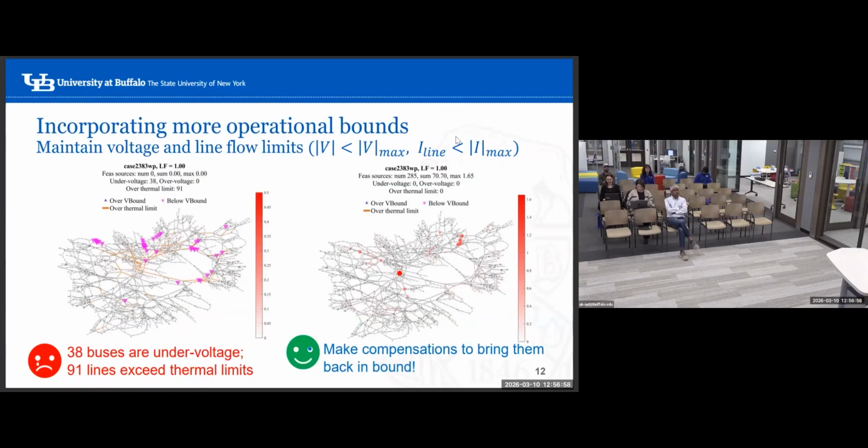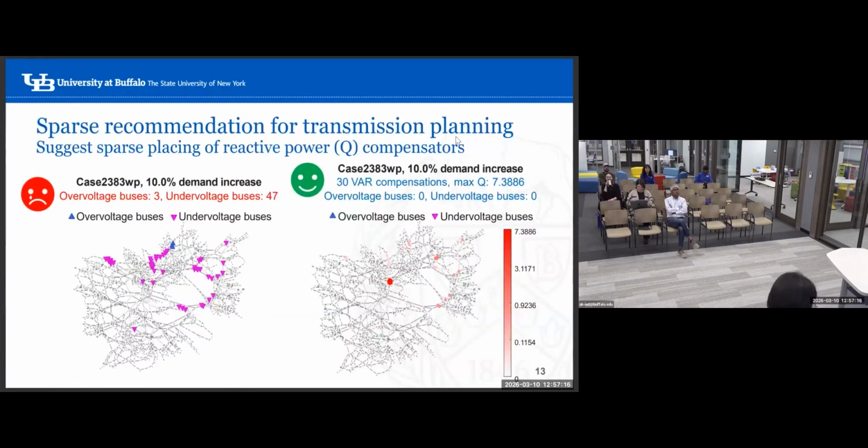So the voltages are falling below the minimum acceptable level. And also there are some lines having overloading. But on the right, if we can recognize some compensations at some localized locations, we can mitigate all of these problems.